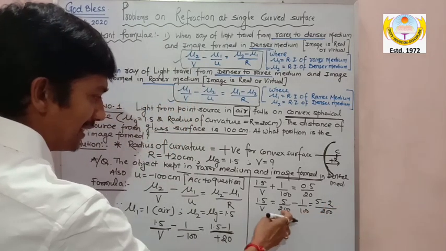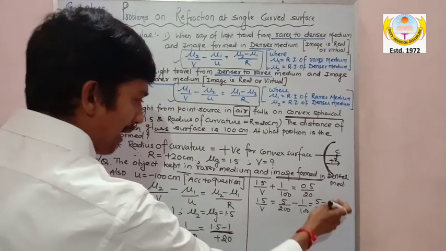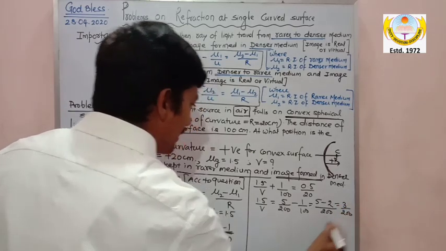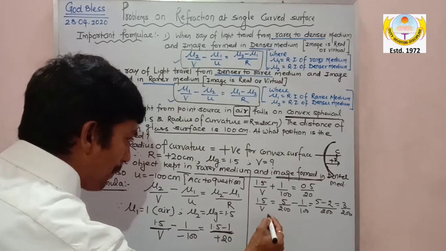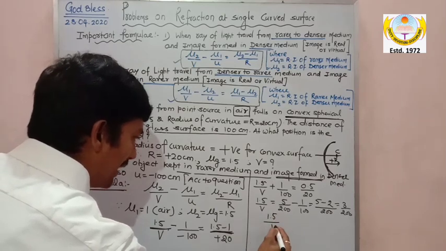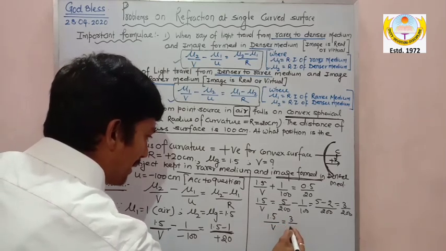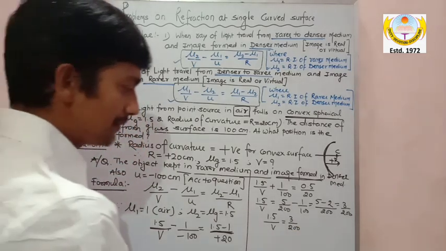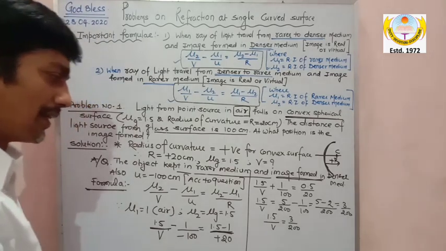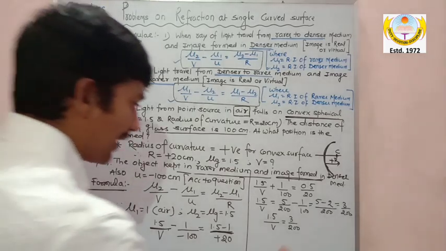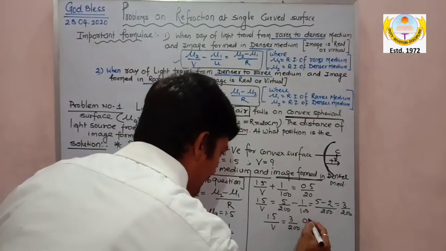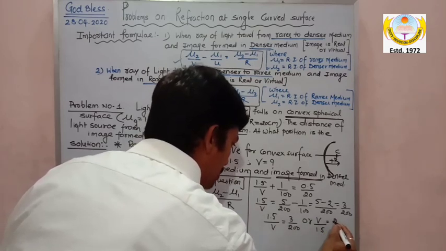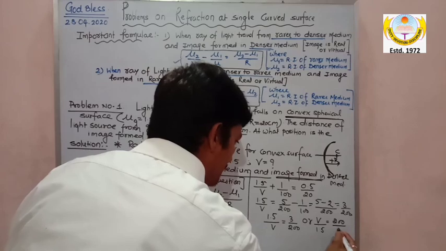So this is 3 divided by 200. So now 1.5 divided by V is equal to 3 divided by 200. On reciprocating, this can be written as V upon 1.5 is equal to 200 upon 3.